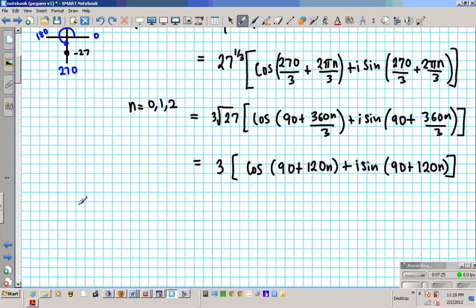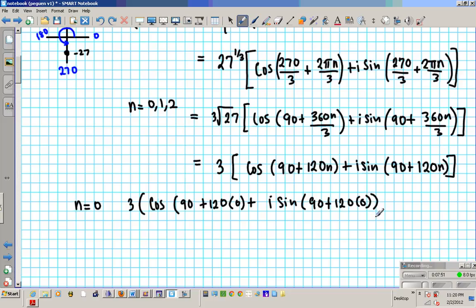So let's start with n equals 0. For n equals 0, we're going to have 3 times cosine 90 plus 120 times 0, plus i sine, the same story, 90 plus 120 times 0.